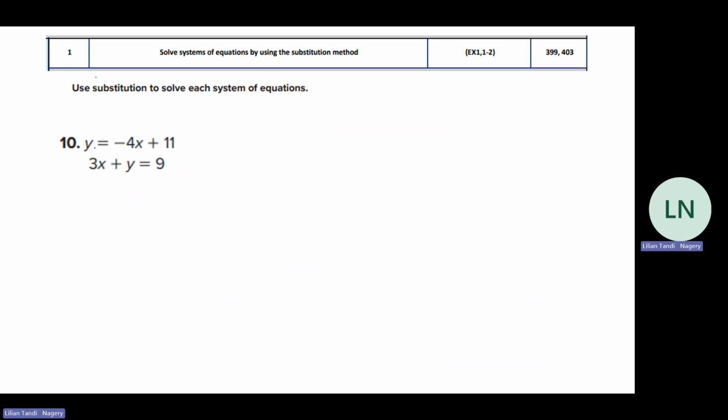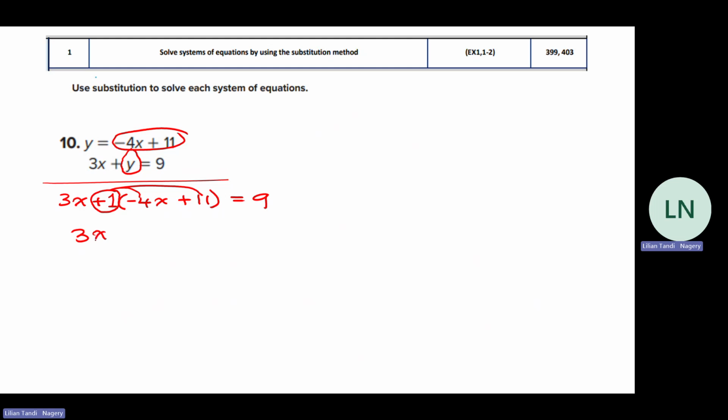Here we are lucky, we have y, so we're gonna take this and replace it in the second equation over here. So now we're gonna do 3x plus parentheses negative 4x plus 11 equals to 9. There is no number here, so I will put 1. So I will put like that and do distributive property. So this is 3x minus 4x plus 11 equals to 9.